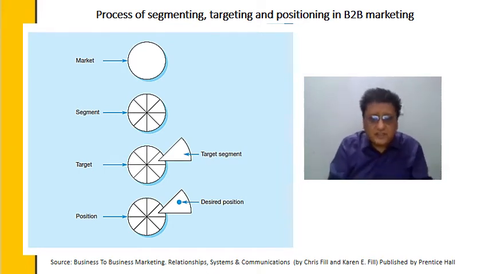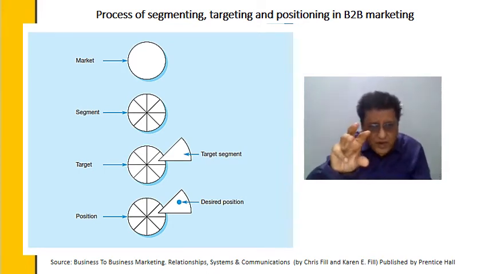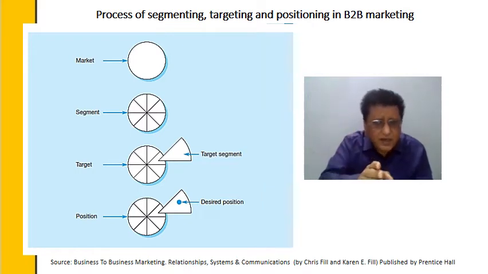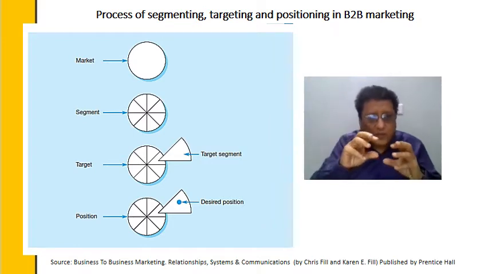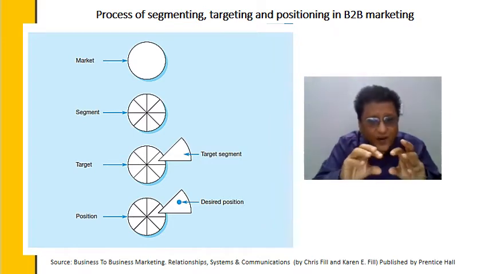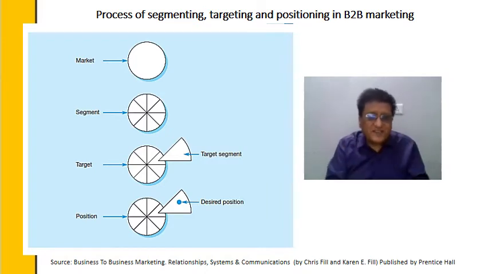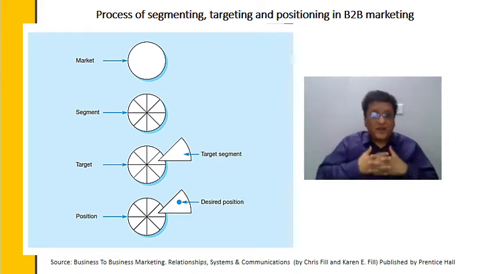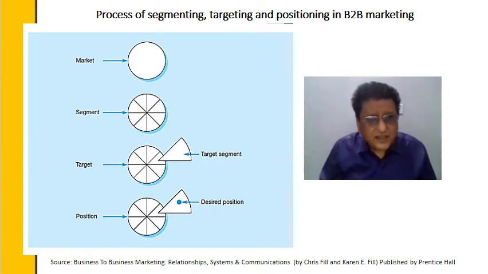In this illustration, I am showing the market with a circle, and when I run lines across this circle, this circle is now converted into a number of pies, and each pie represents a segment. Now, as a marketer or as a seller, maybe it is possible for me to serve all these segments. Maybe it is not possible for me to serve all these segments.